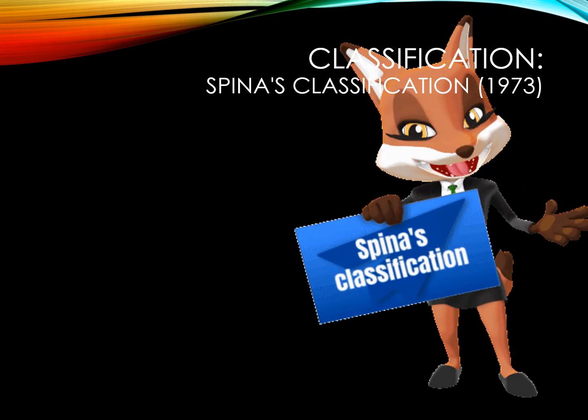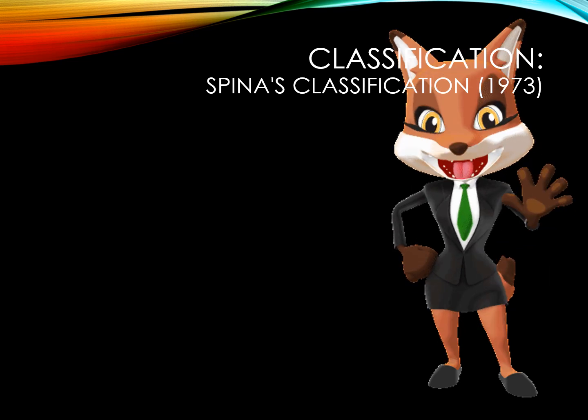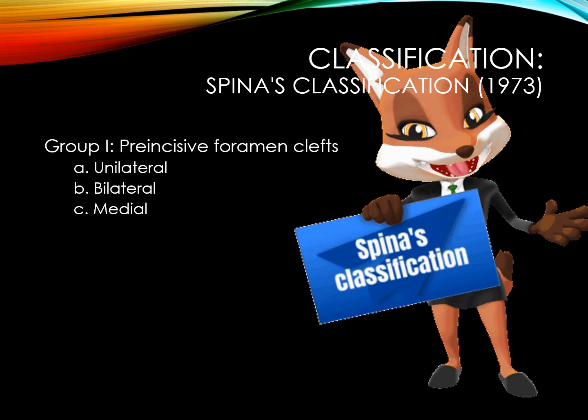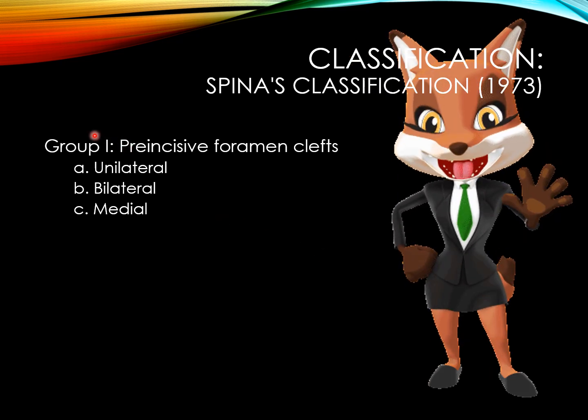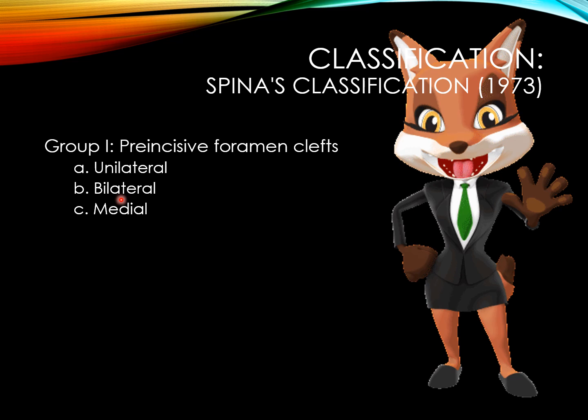And the next classification is Spina's classification, 1973. According to this classification, there are different groups. Group 1, pre-incisive foramen clefts: unilateral, bilateral, and median.